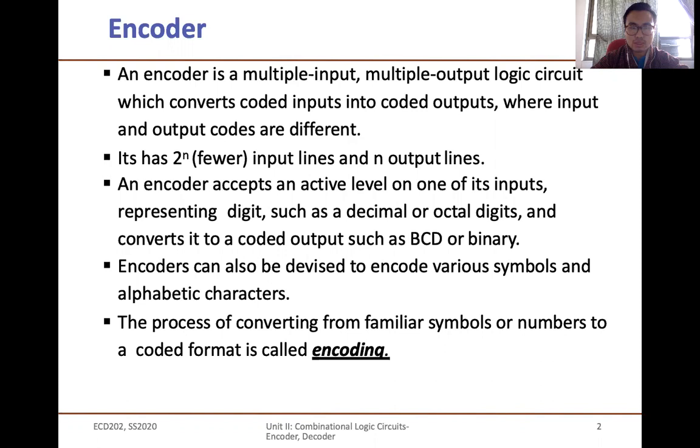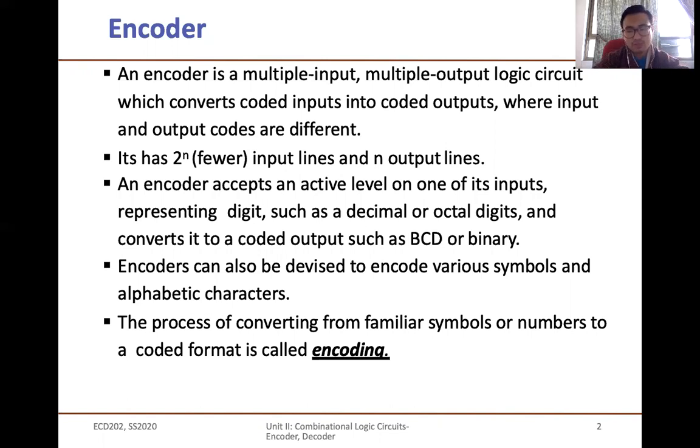Encoder, as I said, is an example of combinational logic circuit where it will have multiple inputs and multiple logic outputs, which is converted from one code to another code, where input and output code should be different.